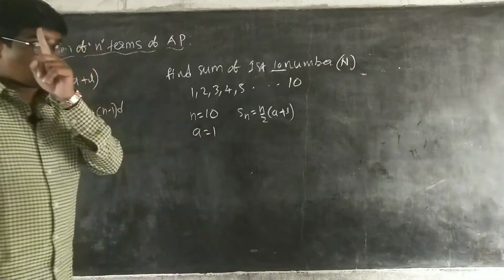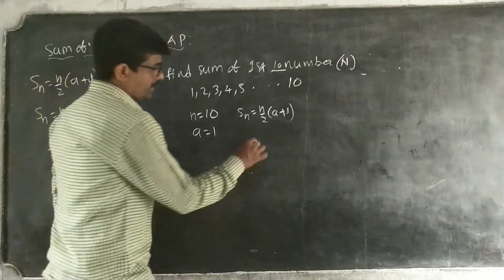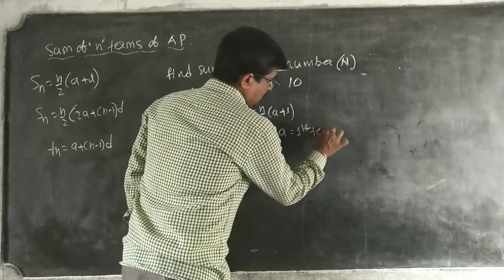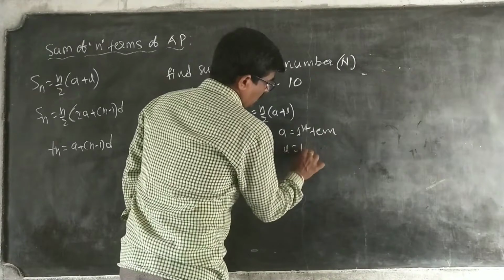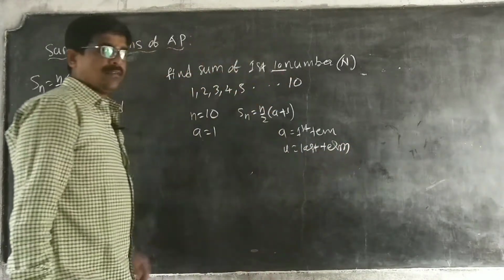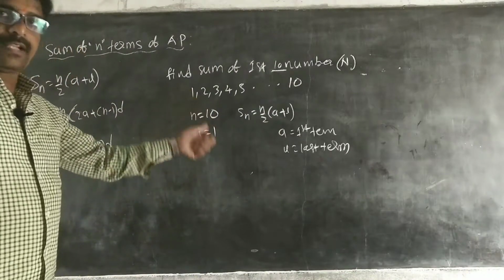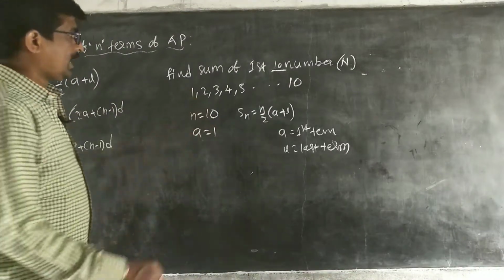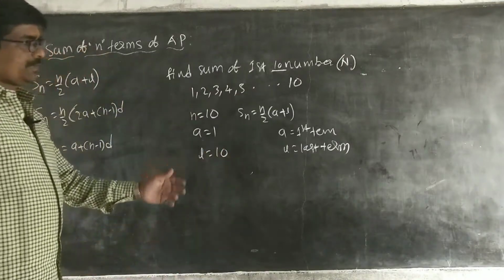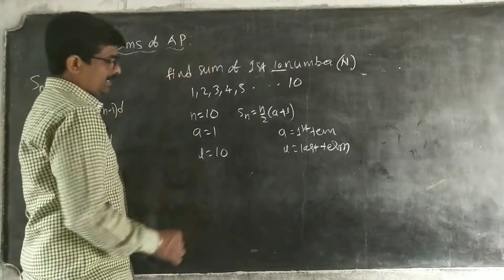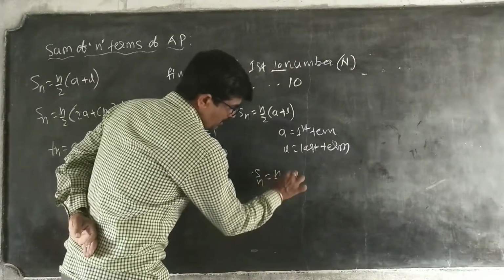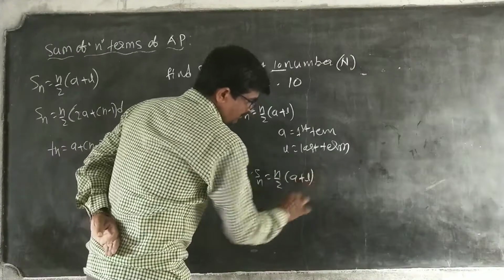L is the last term. We will practice some problems, we can easily understand. L is equal to the last term, which is 10. Now how to apply it? Sn is equal to n by 2 into a plus L.